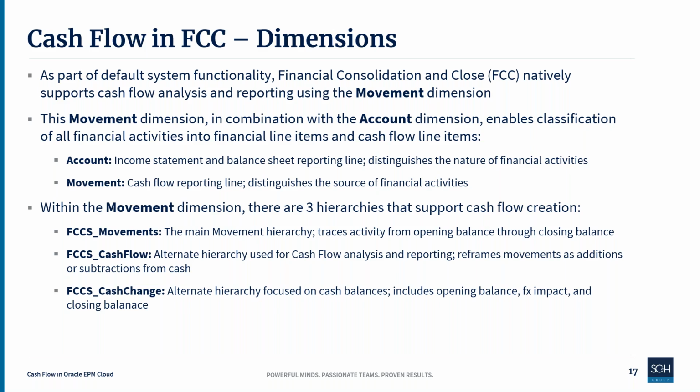So your account dimension will line up with your P&L and balance sheet line items in particular. You'll see this is revenue, this is expenses, this is an asset, this is a liability. That movement dimension lets you track where that activity comes from.